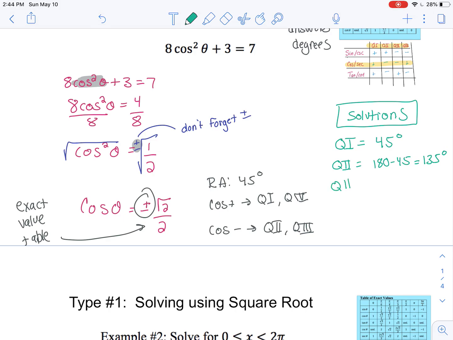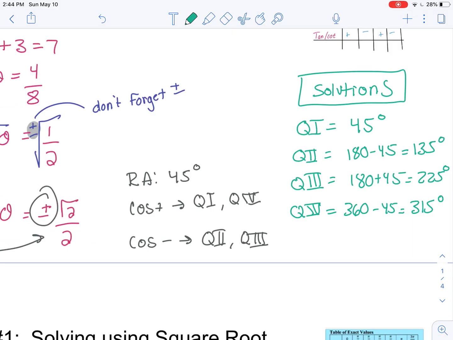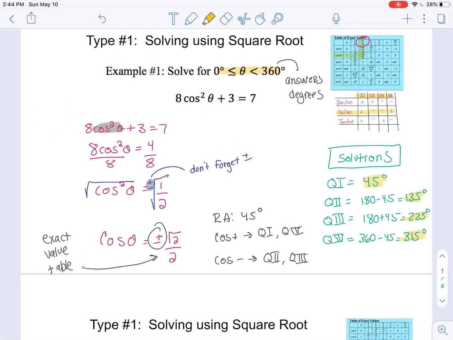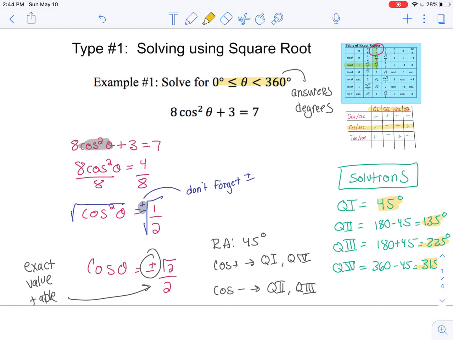Quadrant 3, 180 plus 45, or 225. And then quadrant 4, I'm going to have 360 minus 45, or 315. So I have 4 solutions here, one in the first quadrant, second quadrant, third quadrant, and fourth quadrant. And that's because of that plus minus.